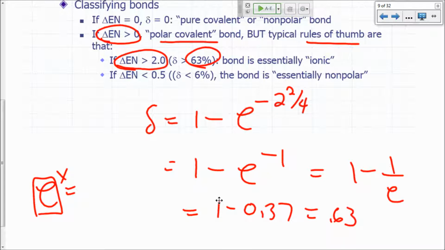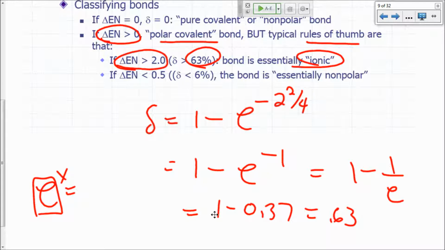So you say 0.63 would be 63% ionic. So what we call a 63% charge transfer from one atom to another, we say that bond is essentially ionic. That electronegativity difference is big enough, so we can say that the bond is essentially ionic.